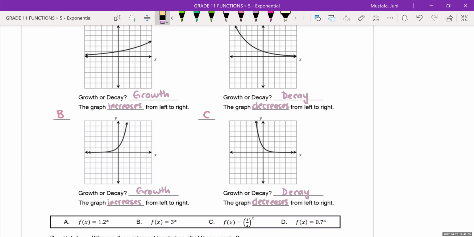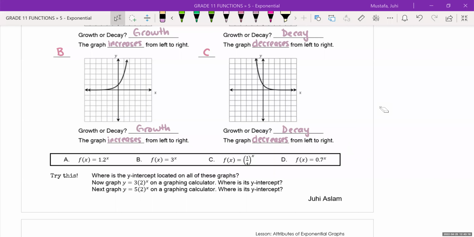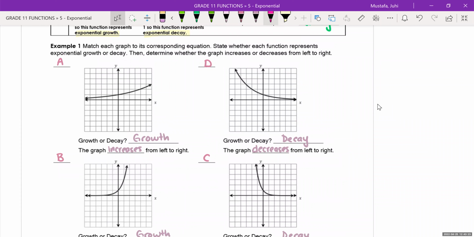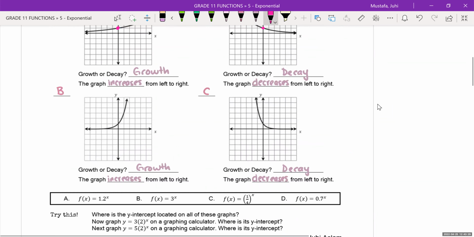If there's no vertical shift, here's a really important feature of these graphs. You're going to notice that for every single one of these graphs, they have a very specific y-intercept. So right here is (0, 1). Here it's (0, 1), (0, 1), and (0, 1).